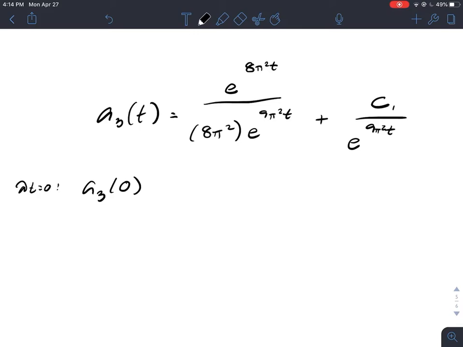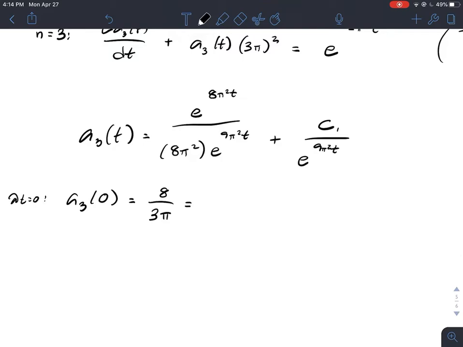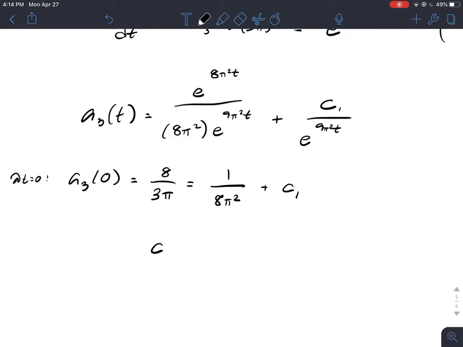Since n is equal to an odd number, we know that we're going to be equal to 8 over 3 pi, and then we can plug in time equals 0 into the general solution for a sub 3 of t. If we quickly plug in time equals 0, we find that 1 over 8 pi squared plus C1, and this tells us that C1 is equal to 64 pi minus 3 over 24 pi squared.